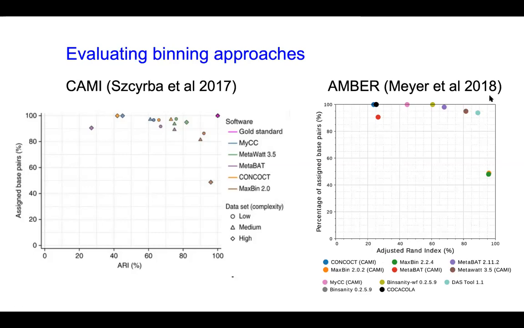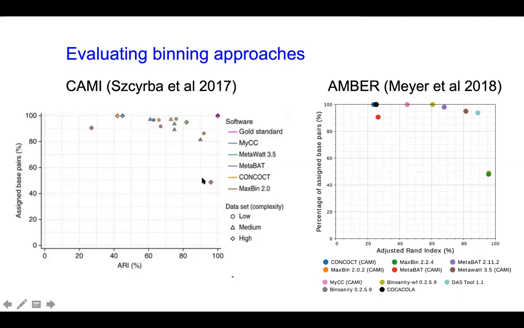In these plots, being as far to the right as possible tells you how accurate your bins are, and being as far to the top as possible tells you how well you do in binning all of the contigs, or many contigs, in the data.